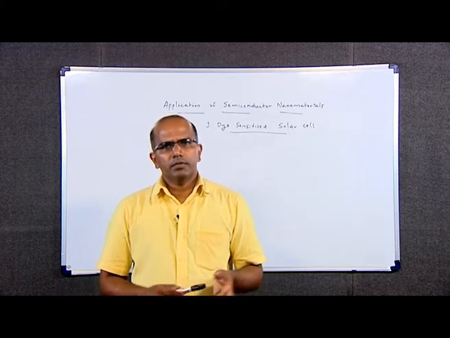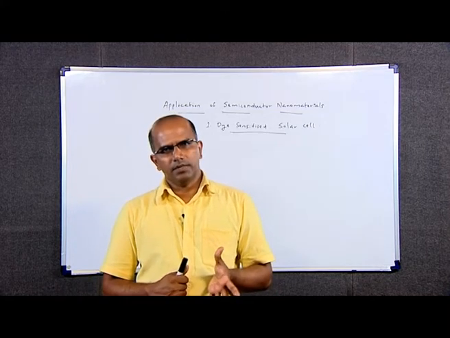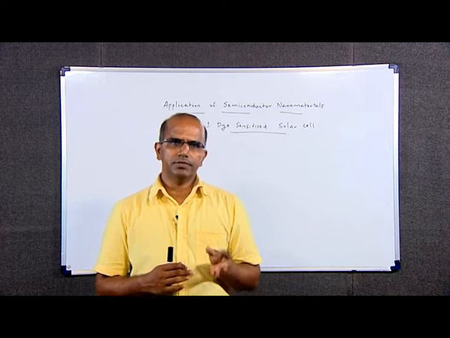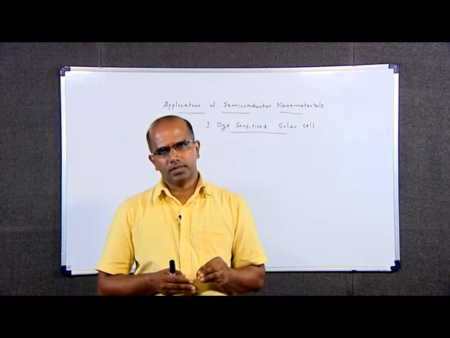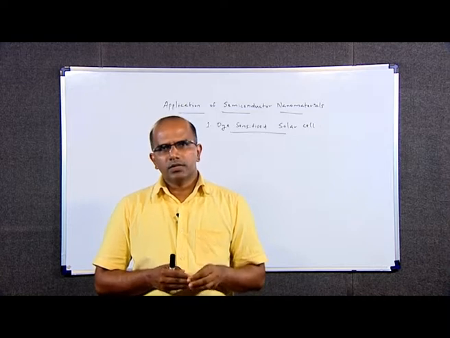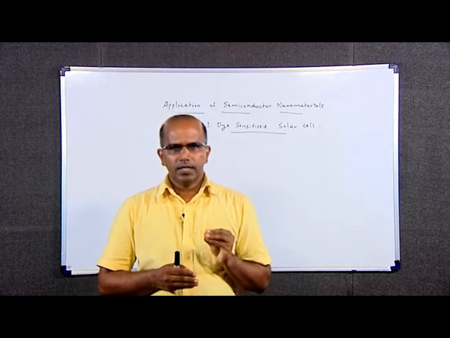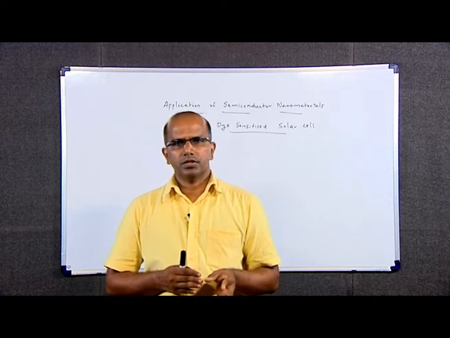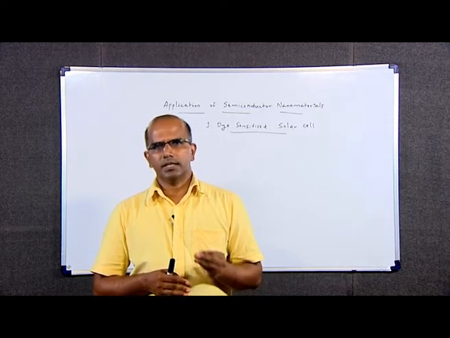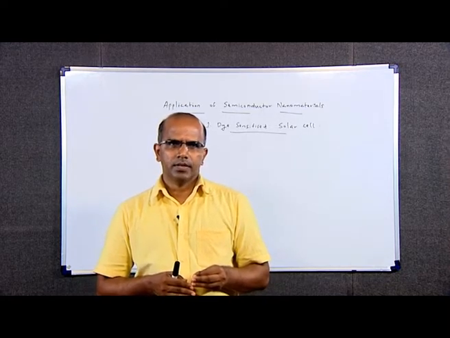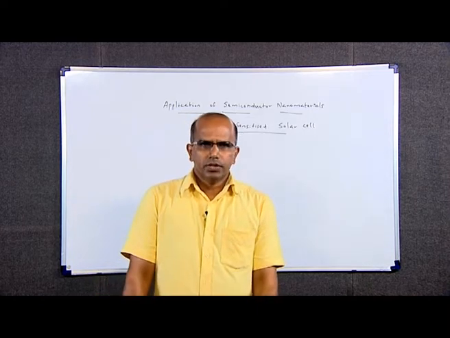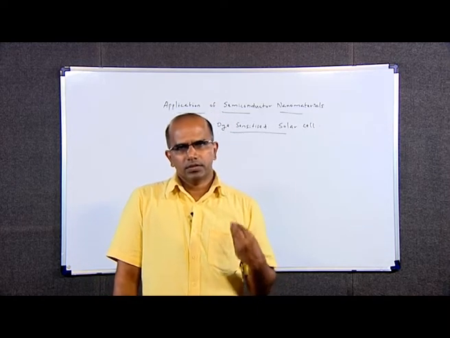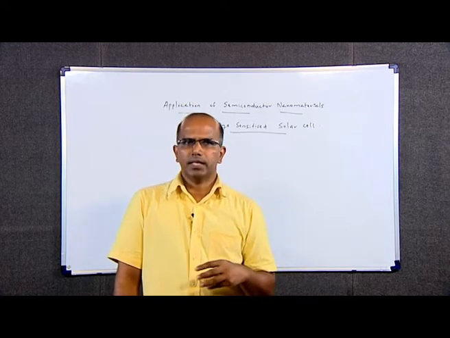Basically, you may have heard about the silicon solar cell. There is some difference between the silicon solar cell and the dye-sensitized solar cells. In silicon solar cells, the same silicon material is responsible for light absorption and charge carrier. You know that what a solar cell will do is convert the solar energy into electrical energy.